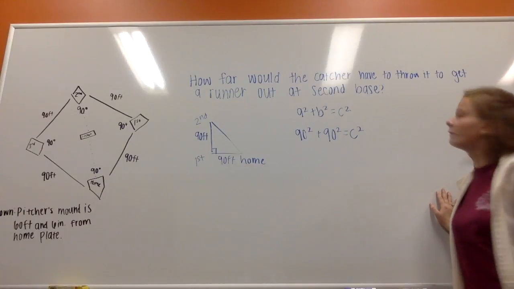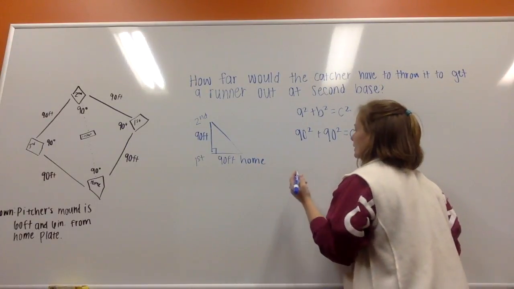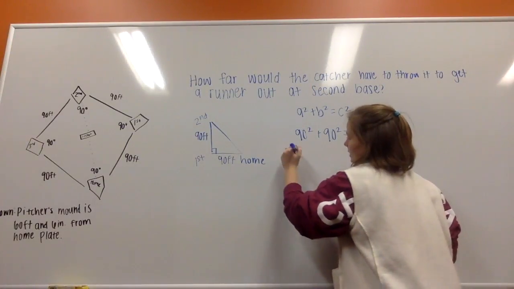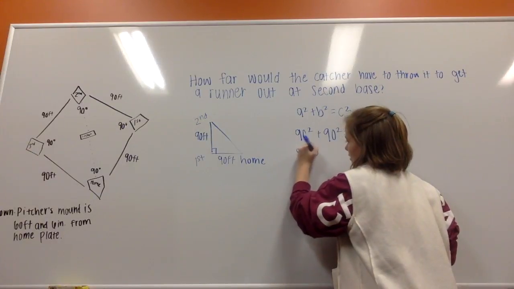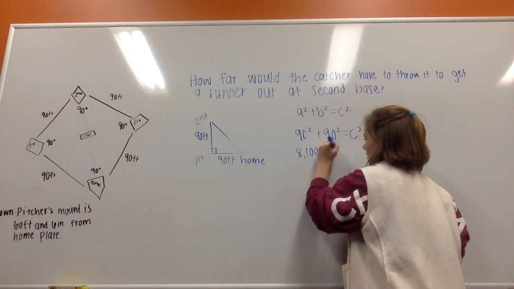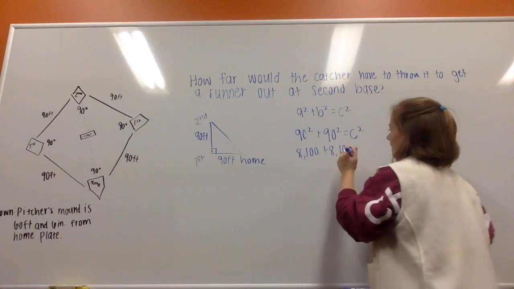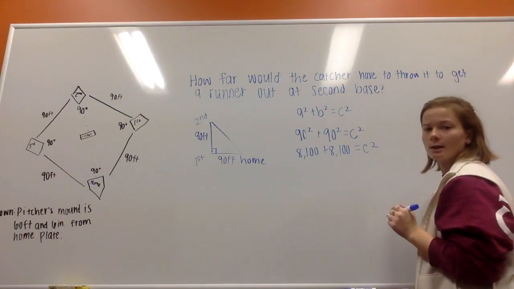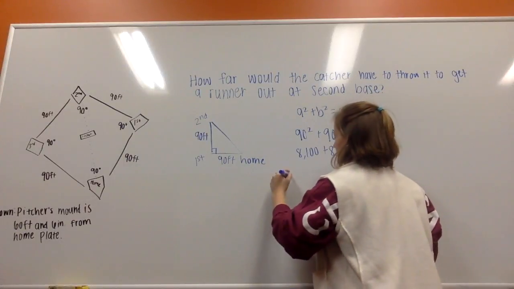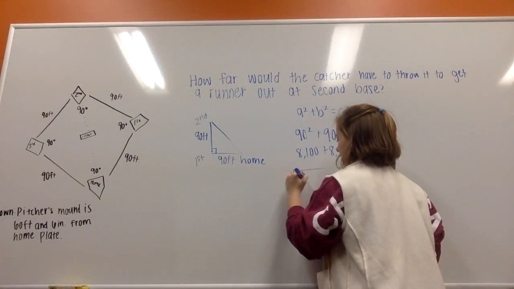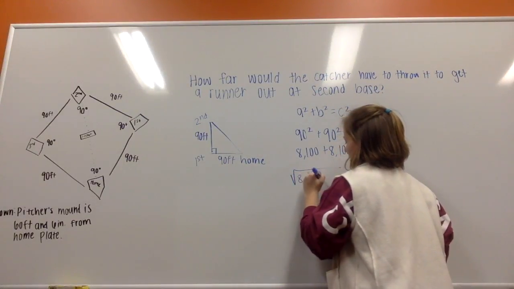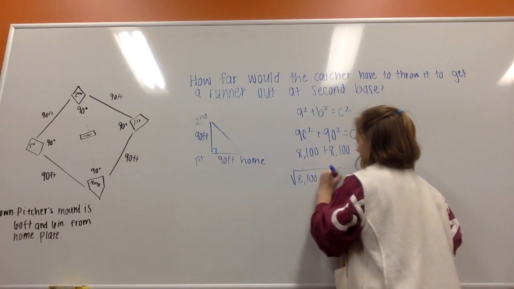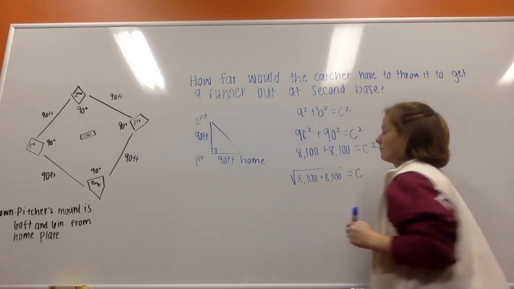First I'm going to do my squares. So 90 squared is 8,100 plus 8,100 equals c squared. Next, I can take my square root. So the square root of 8,100 plus 8,100 equals c.